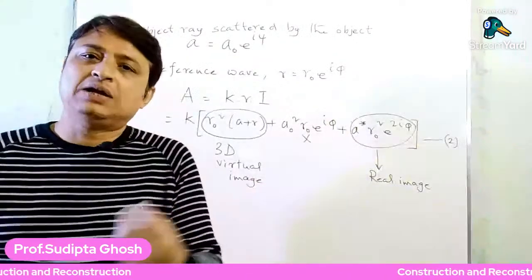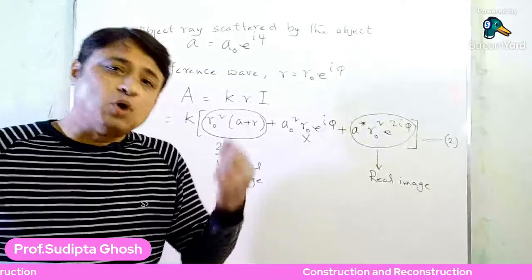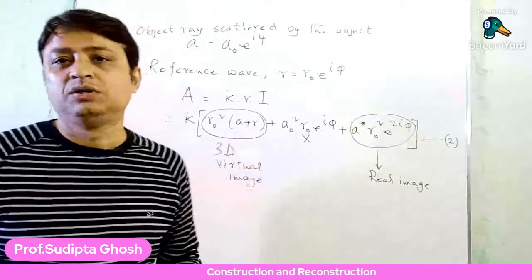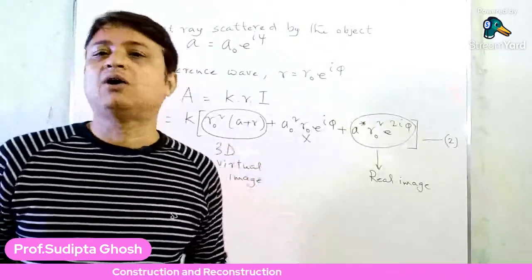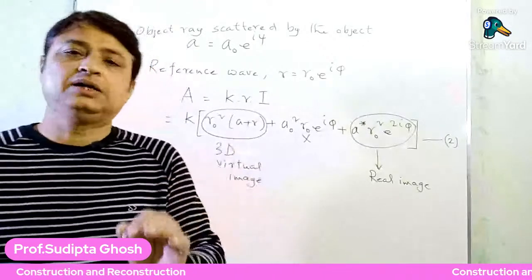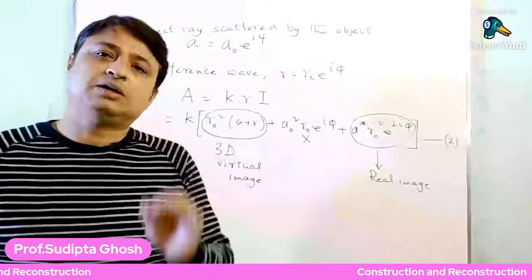But if only a small portion of the picture is found, we cannot produce the original photograph from that portion of the picture.